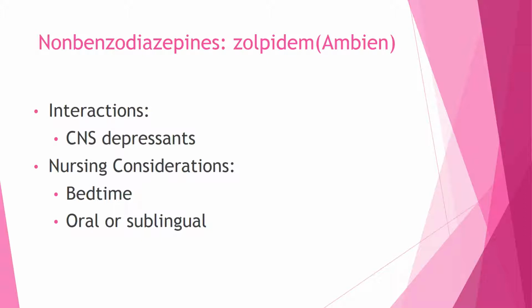Typically in the hospital, these patients didn't get any kind of medication like this after midnight, because then the sleepiness continued on into the next day if we gave it too late into the night. This can be given orally or sublingual.